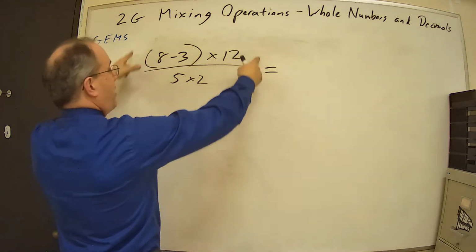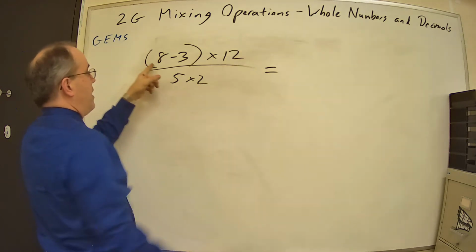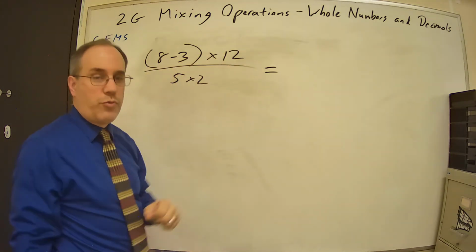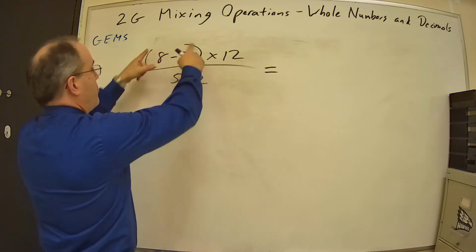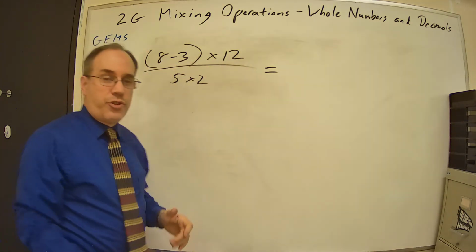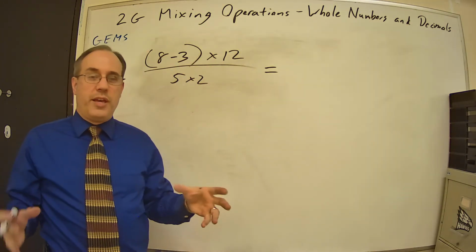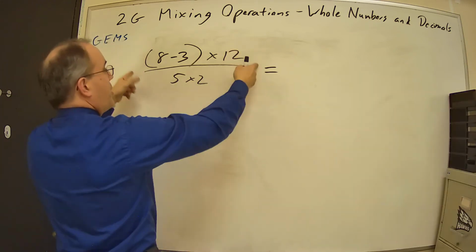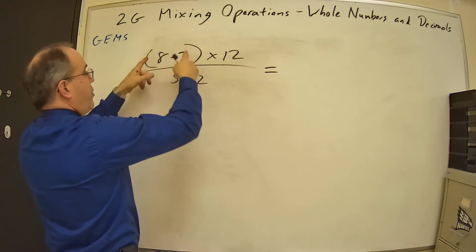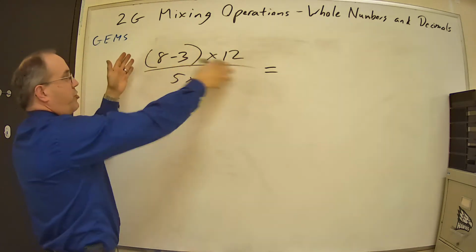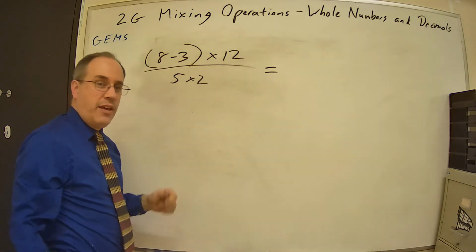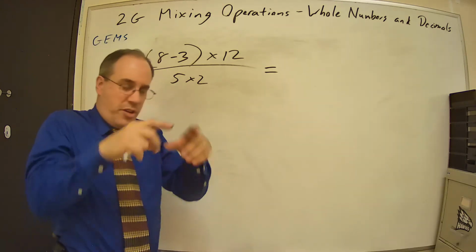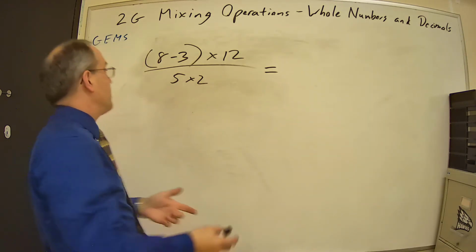We've got grouping above the division, 8 minus 3 times 12. But we also have grouping inside of that. So if you have multiple layers of grouping, work your way out. So we have this grouping up here, but first, once we get inside that grouping, we're going to do order of operations inside that. If there's another grouping inside that, we're going to do order of operations inside of that.